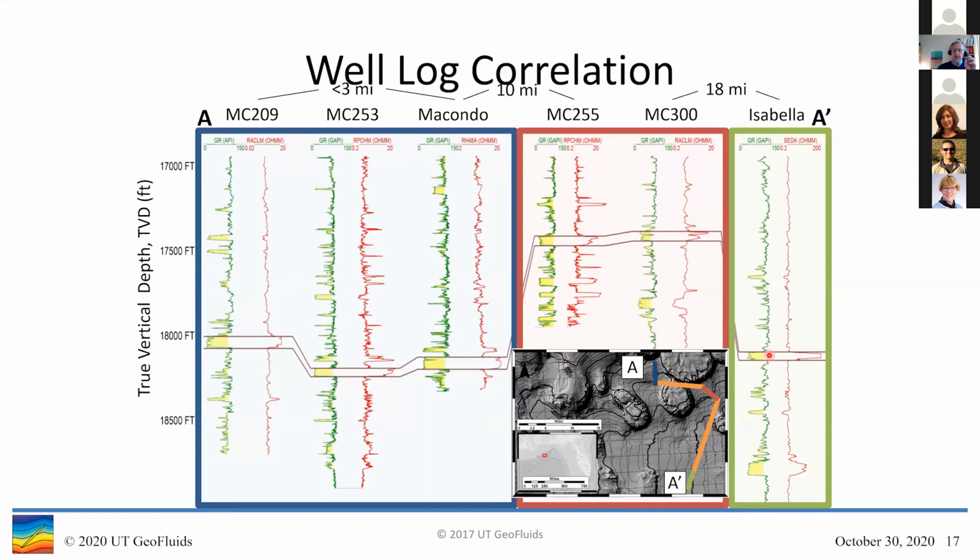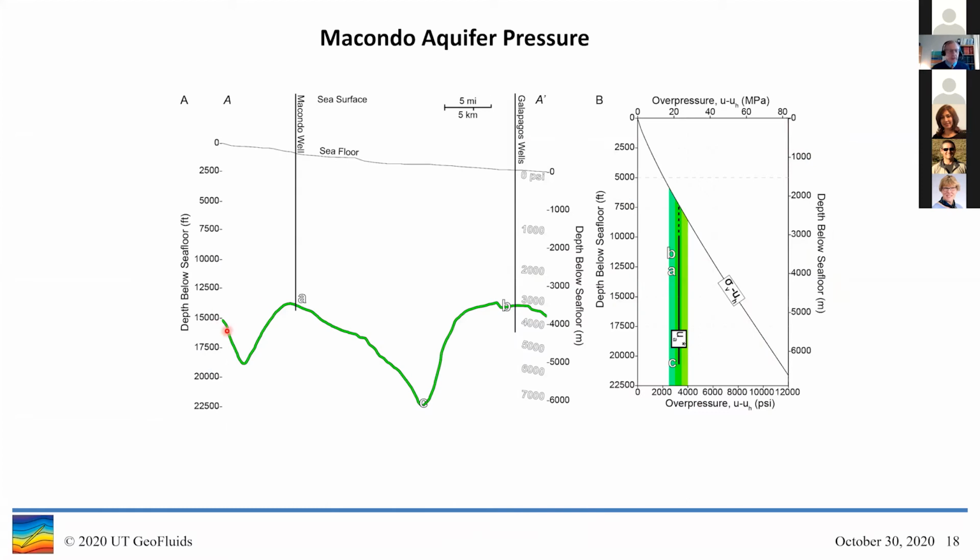So we combined 3D seismic mapping with well log correlation to ultimately build what we would call a hydrologic model for this entire system. And you can see here that cross section. Here's the Macondo well, here's the Macondo structural high, here's that Galapagos development and the structural high at this location.